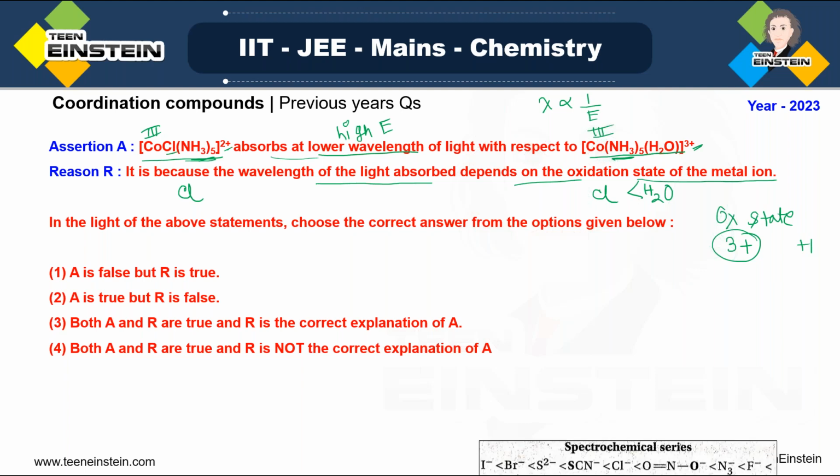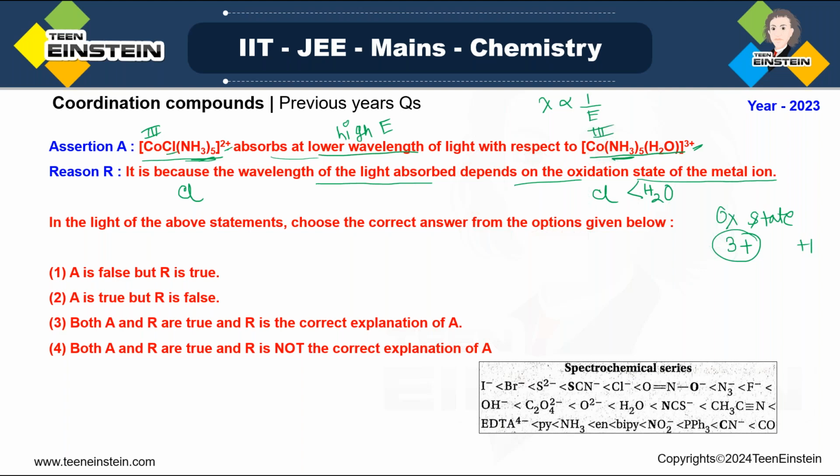Okay. So here you can have a look in the spectrochemical series order and just look at these two, Cl minus and H2O. H2O is far greater. I'm not saying that H2O is strong field ligand. Both are weak field ligand, but still if you compare two weak field ligands, that is when it will be required to take the help of spectrochemical series. So H2O is coming much before than Cl.